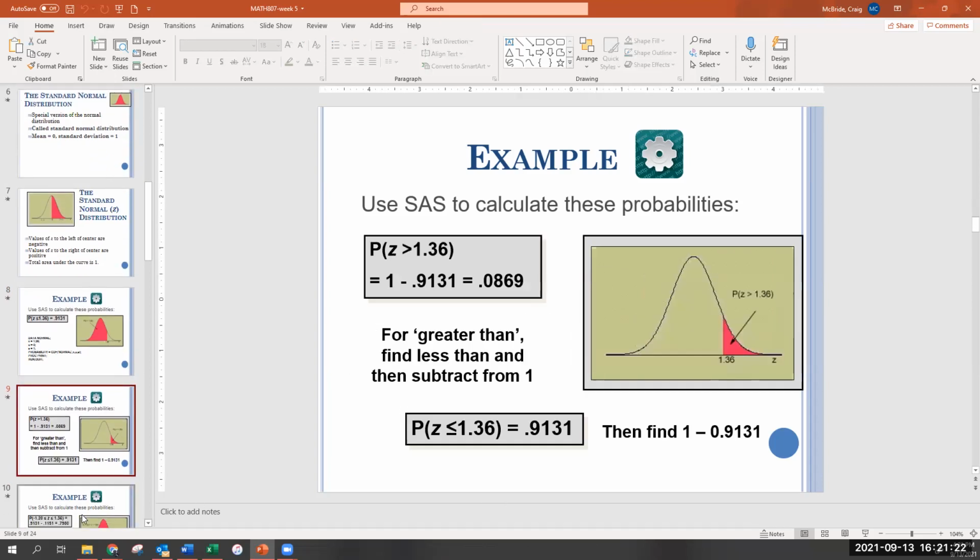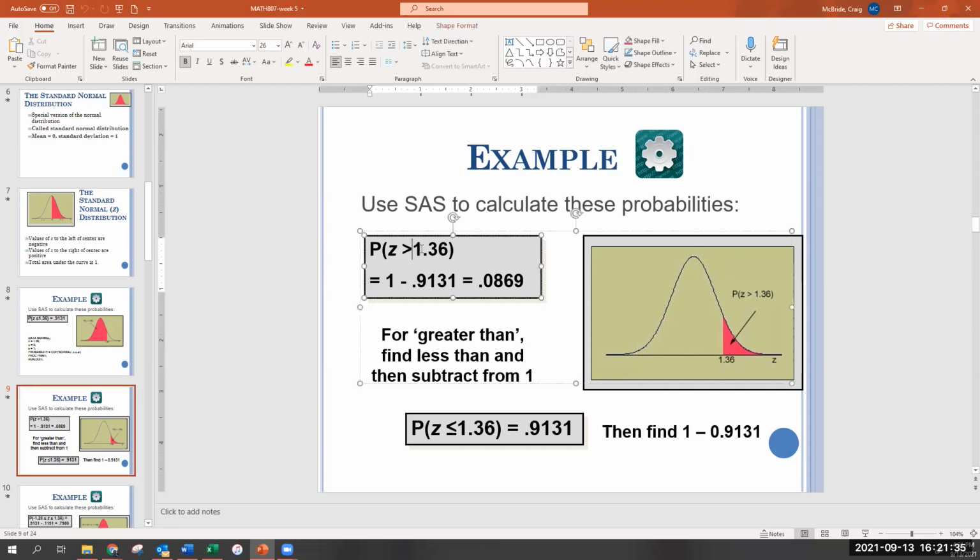All right, now if we have to calculate probabilities that are greater than or equal to, remember, because the two are the exact same thing, we still use the same technique, right? We still would put 1.36 in as our X value, because that's our value of interest, right? That's the number of interest.